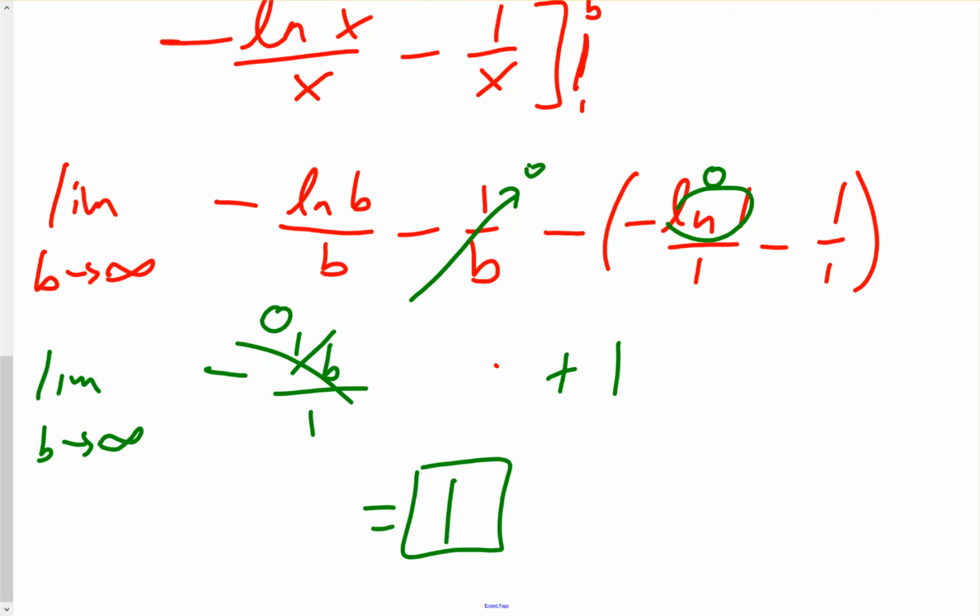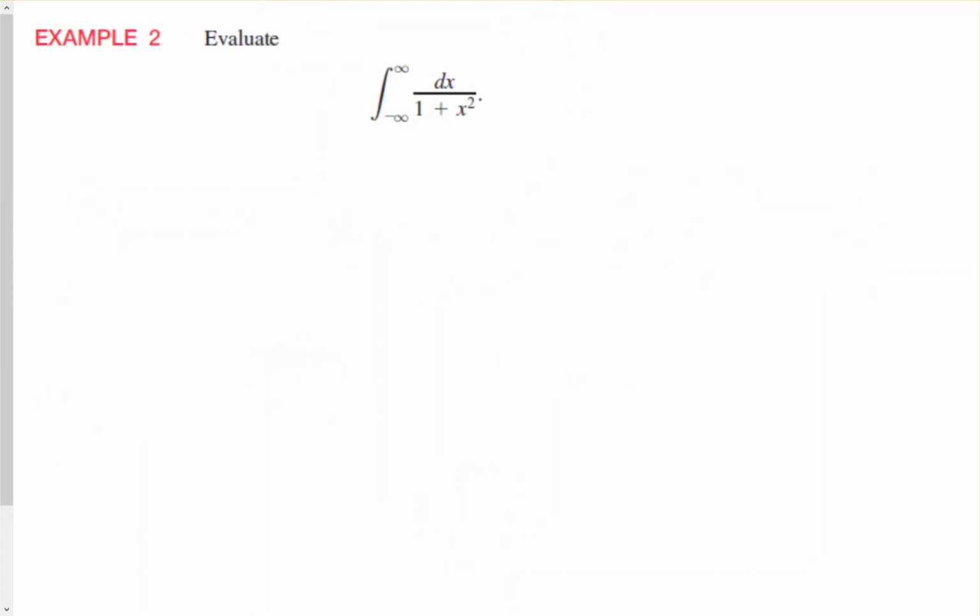Let's take a look at our next example. Okay, so this is the one where we have infinity at both ends, so we will have to split this one up. What we will do is set it up as the sum of two integrals, right?